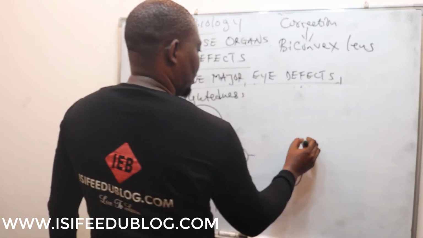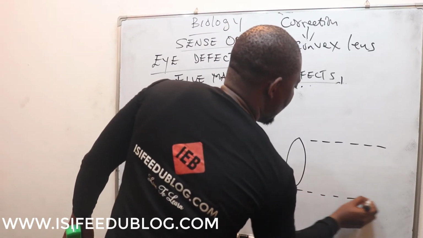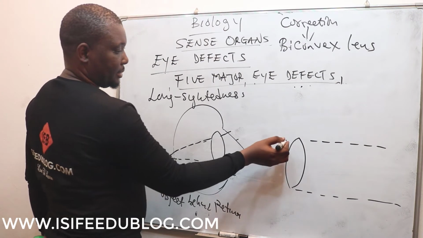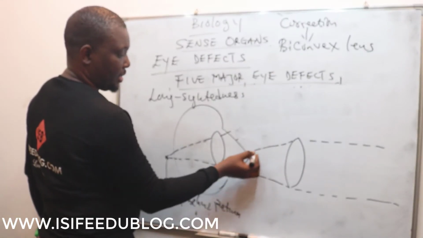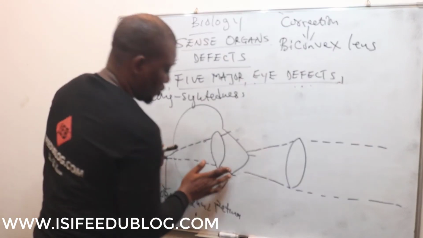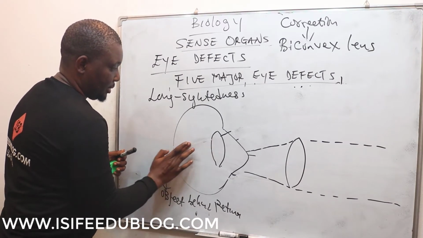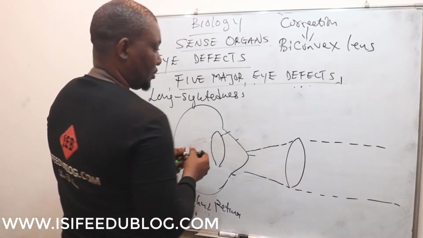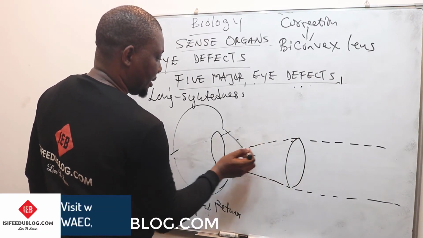So light coming from here, the lens here bends the light before the cornea actually gets to bend it. So this lens is curved a little here.